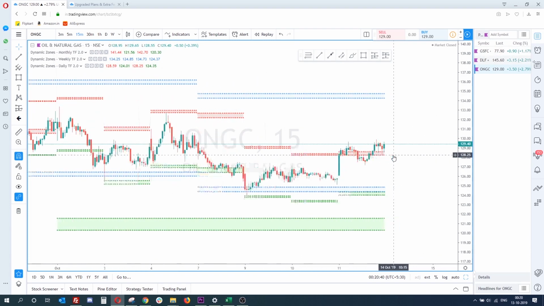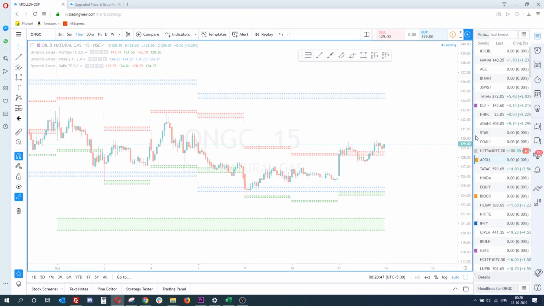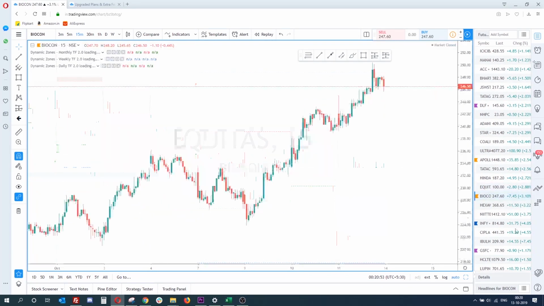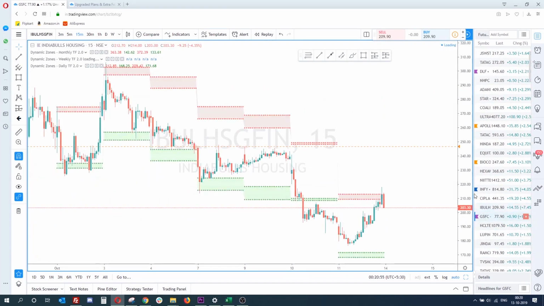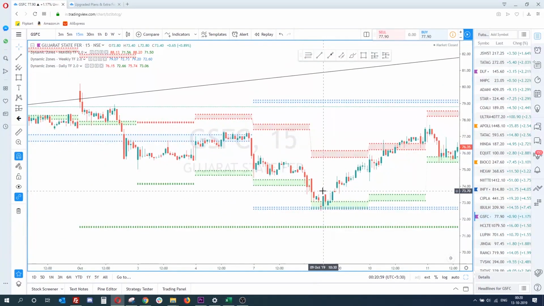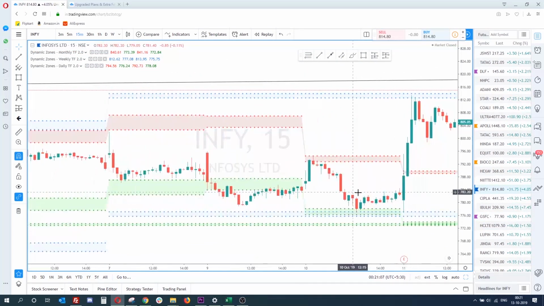Another most important thing is to make use of the alerts. For example, if you are an office goer or a person who is quite busy, let's take GSFC at 9:15 or something, probably not this one, I'll go for Infy.